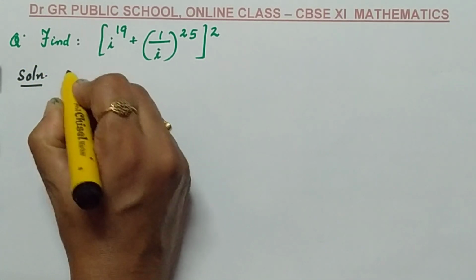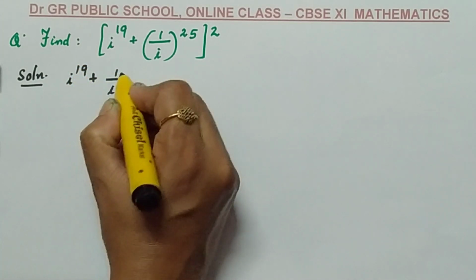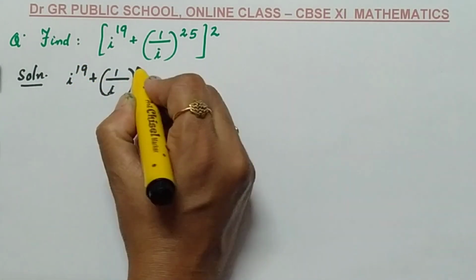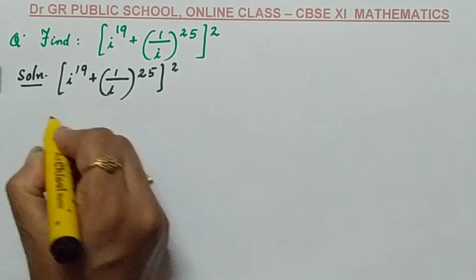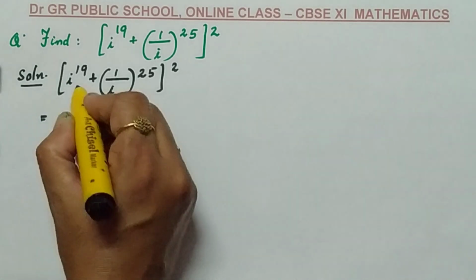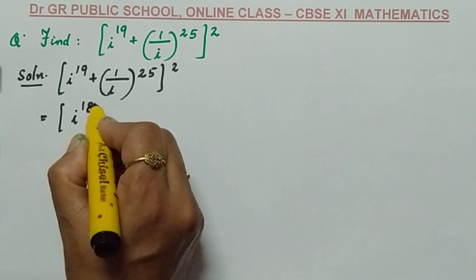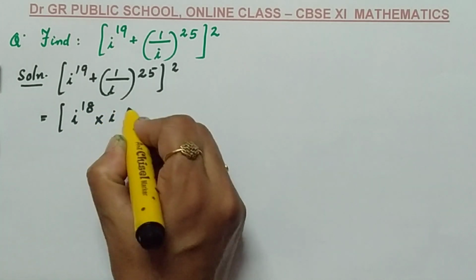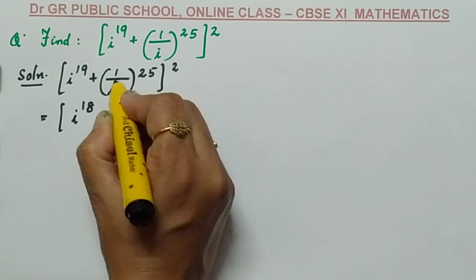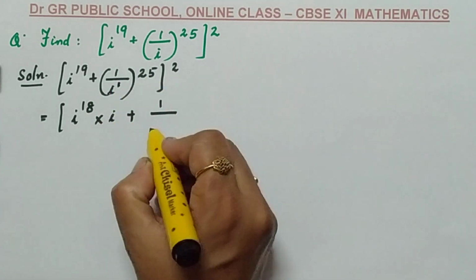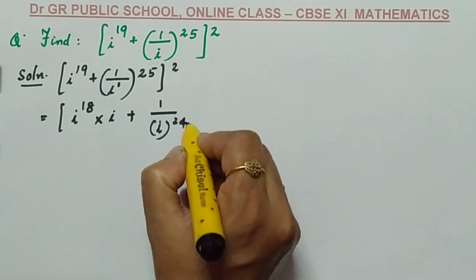i raised to 19 plus 1 by i raised to 25 the whole square, which can be expressed as: i raised to 19 can be expressed as i raised to 18 into i, plus 1 by, what is i raised to 25? i raised to 25 can be written as i raised to 24 into i.